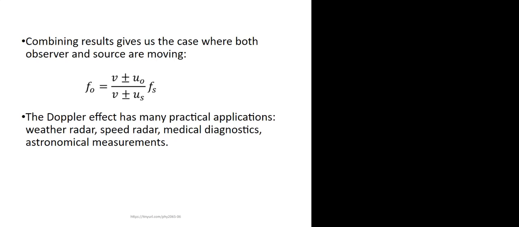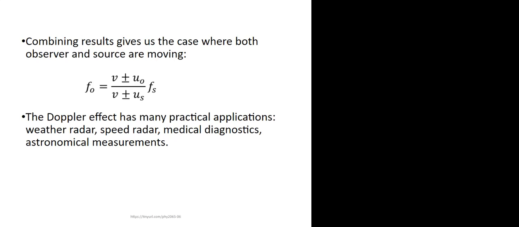Right, so it depends. You will just have to see if, say, the observer is moving away. Then you expect the frequency to be decreased, so you take the negative sign on the top. Then you again judge for the source whether it is moving at all or not. If it's moving towards the observer, then you take the minus because it's in the denominator.